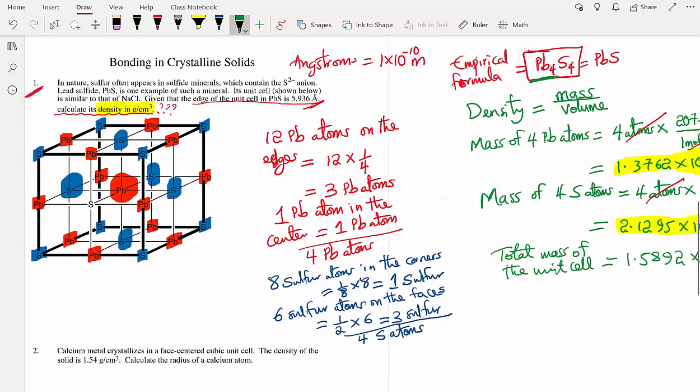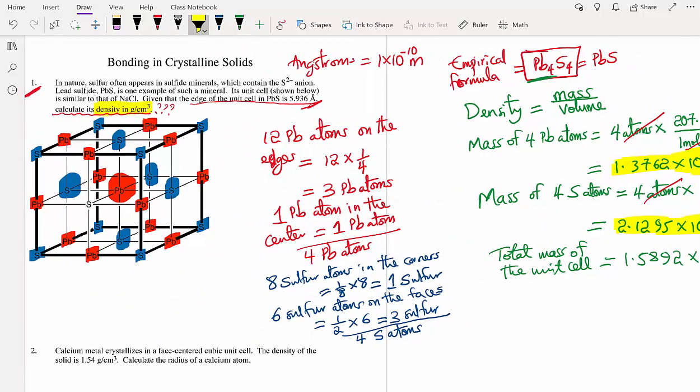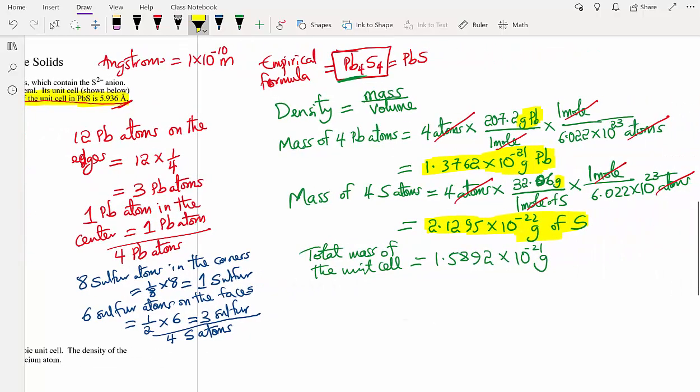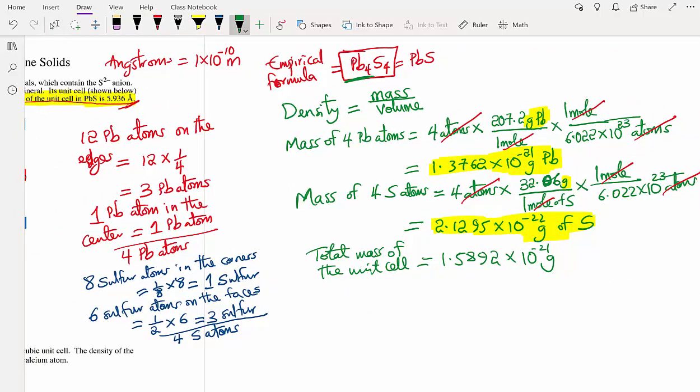To do that, we need to remember that the edge of the unit cell is given the length of the edge of the unit cell. Now, we know that the volume of a cube will be equal to the length of the unit cell raised to power 3.